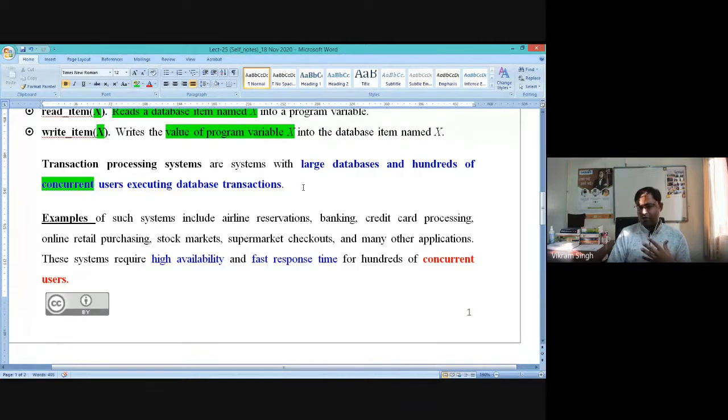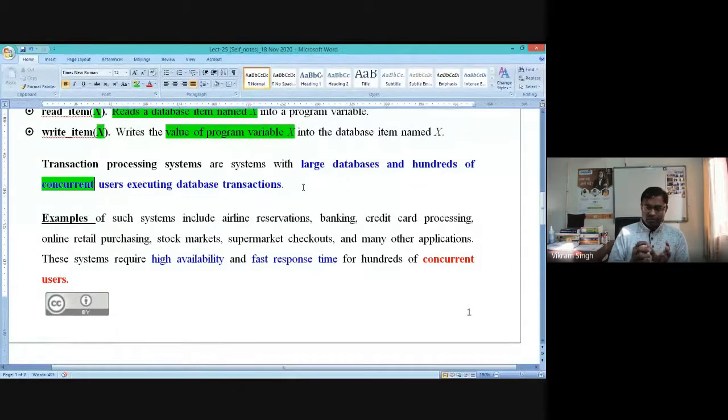Whenever we go to the IRCTC system, or any such system where a huge number of users are logged in, we do not have any interference from the other users. Like in the IRCTC system, if you go between 10 to 12 in the morning, hundreds of users are logged into the system.